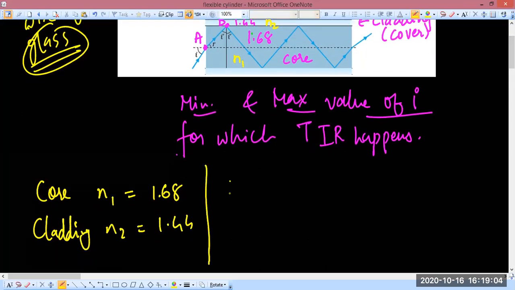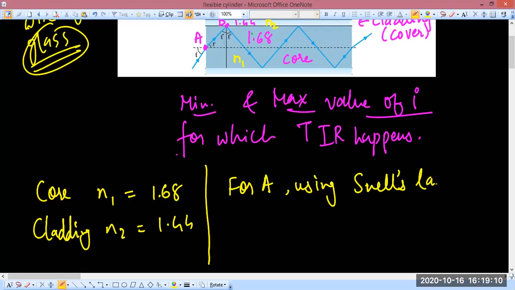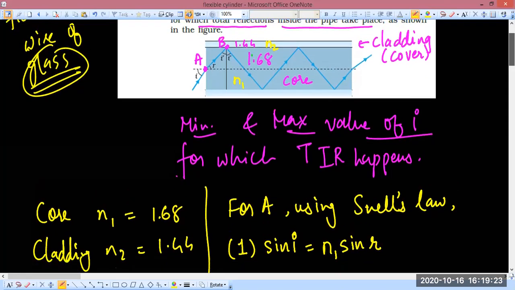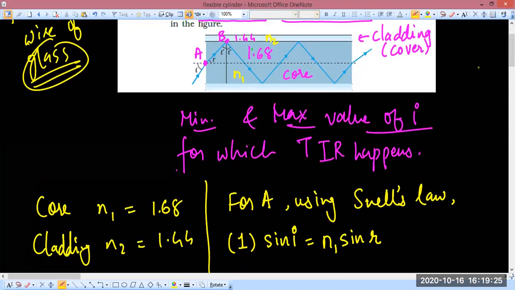I'm writing here, for A using Snell's law, 1 sin I is equal to N1 sin R. I don't think anyone has any doubt, we have been given such a nice ready-made diagram.